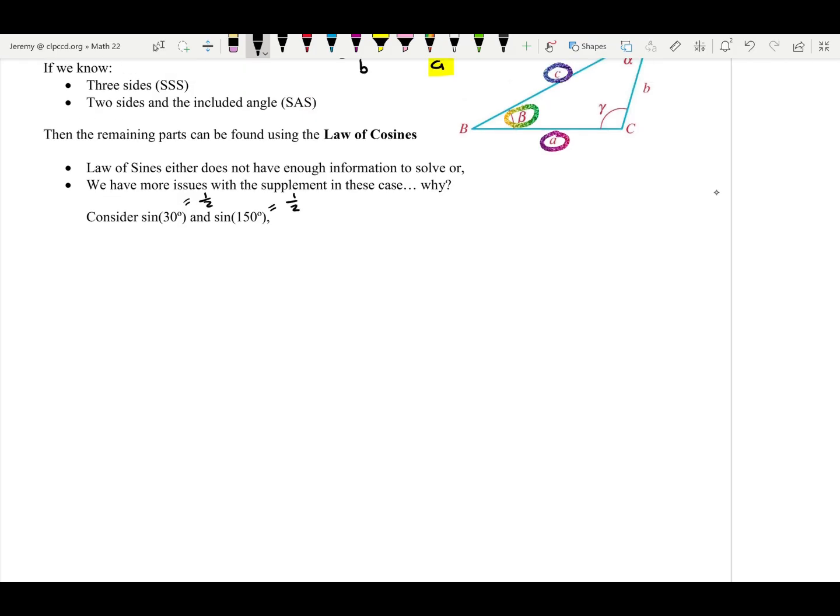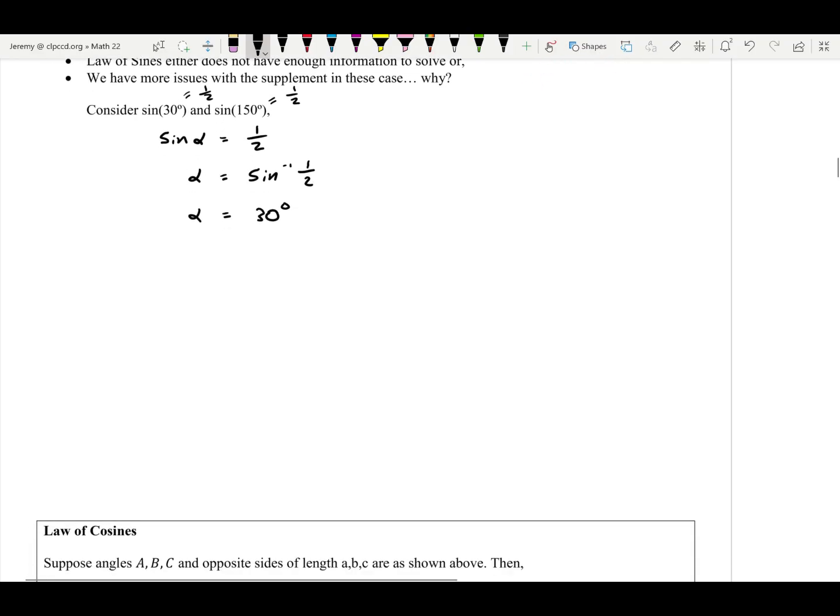Say you were working with law of sines and you got sine of alpha is equal to 1/2. You might use a sine inverse, so alpha would be equal to sine inverse of 1/2, and this would give you 30 degrees. But you also could have had an interior angle of 150.